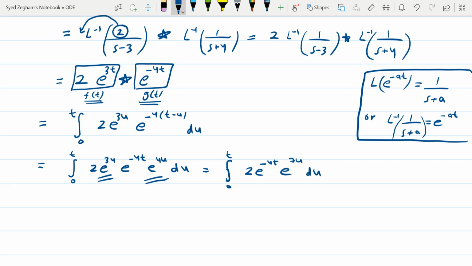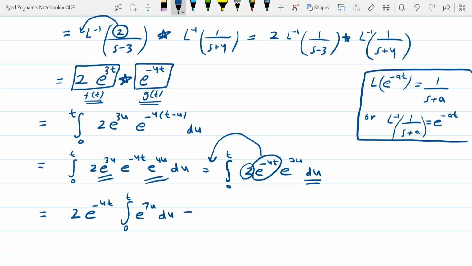Now, if you observe, we are integrating with respect to u. So this constant 2 and this term e power minus 4t, both of them we can keep outside the integration. So we can write it as 2 outside, e power minus 4t outside, integral from 0 to t of e to the power 7u du. And this gives me 2 e power minus 4t times the integration of e power 7u, which will be e power 7u divided by 7 over the limits 0 to t.